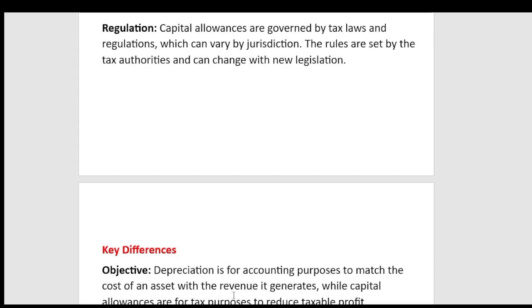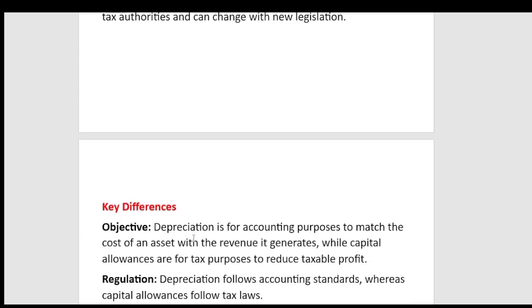Depreciation, accounting purpose. Capital allowance, tax purpose. Right? Good. Let's look at the regulation. We discussed that. Depreciation follows accounting standards, whereas capital allowance follows tax law. Period. Know that and know peace.